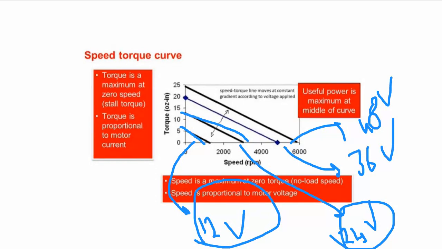If I turn on the motor, what's going to happen? It starts up and spins faster and faster, changing along this torque speed curve until it gets to its no load speed. Here is our no load speed, which in this case is about 5,000 revolutions per minute.